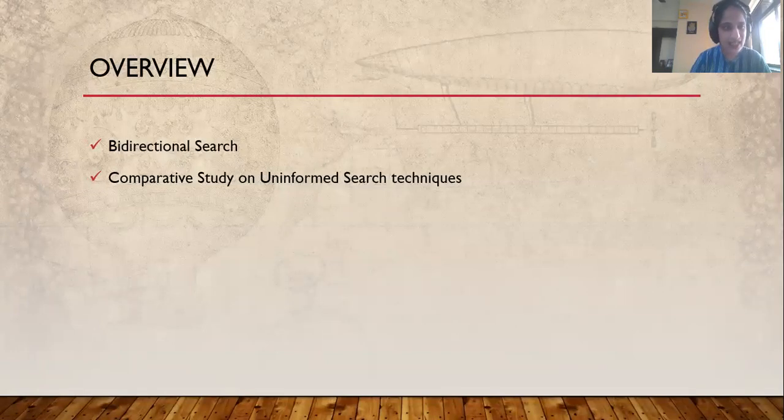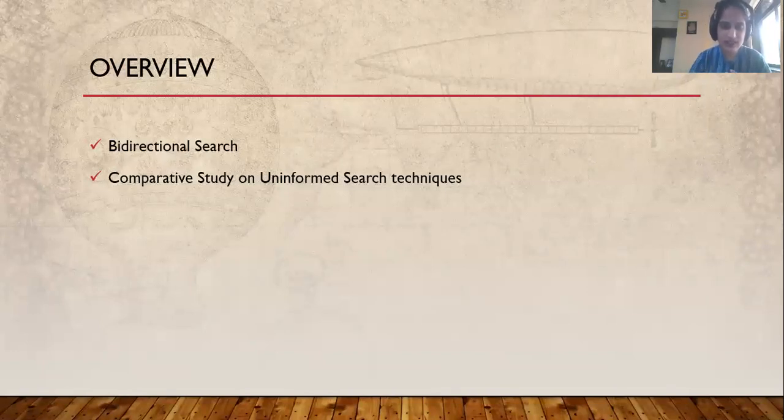At the end, once we complete understanding bidirectional search, whatever search techniques we have seen till now, we are going to do a comparative study in terms of certain parameters, which help us understand how these search techniques are going to work given a specific state space.